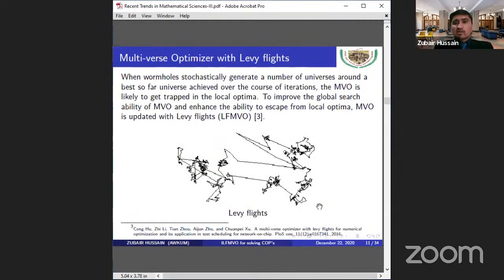When wormholes stochastically generate a number of universes around the best-so-far universe achieved over the course of iterations, MVO is likely to get trapped in local optima. So to remove this ambiguity, improve the global search ability of MVO and enhance the ability to escape from local optima, MVO is updated with Levy flights.